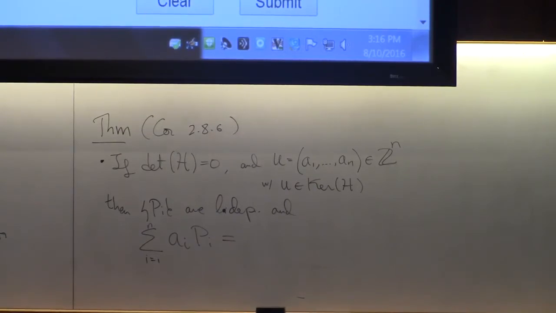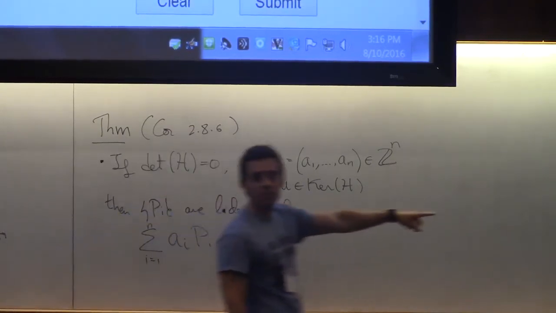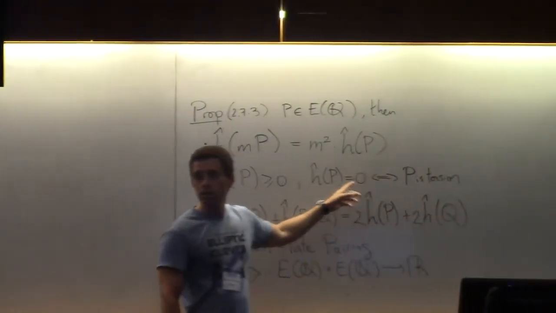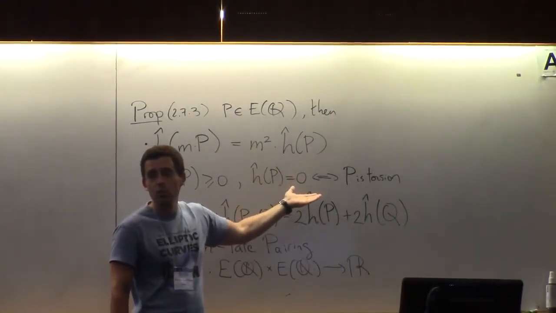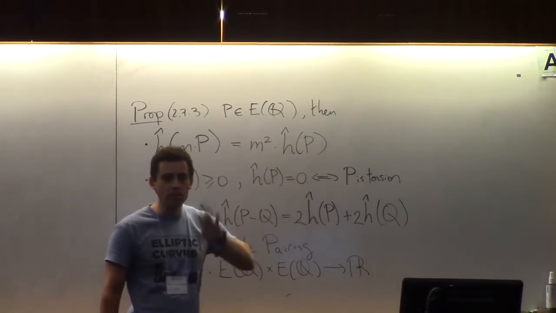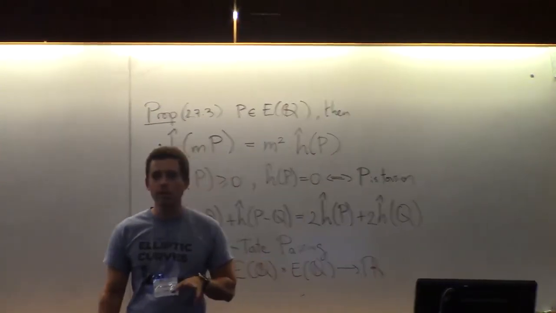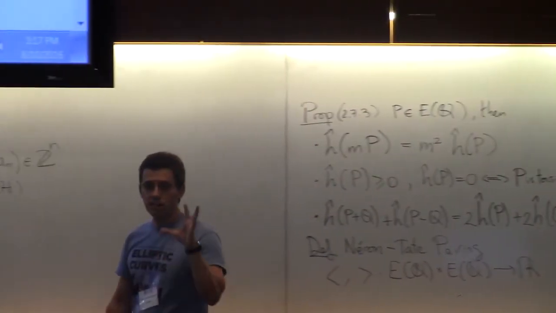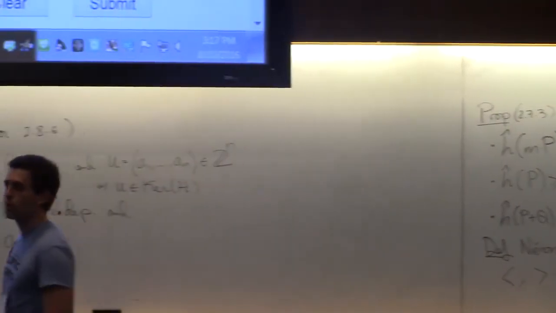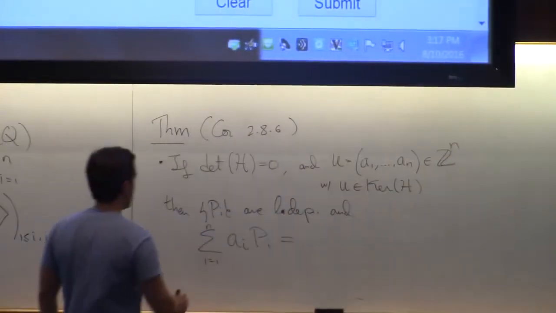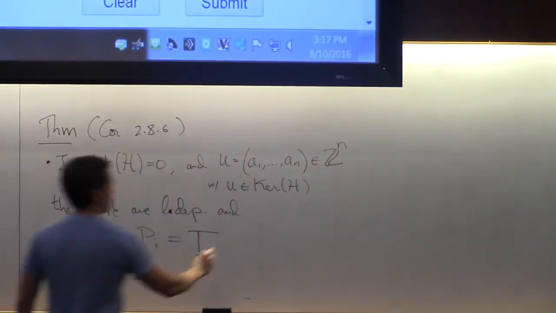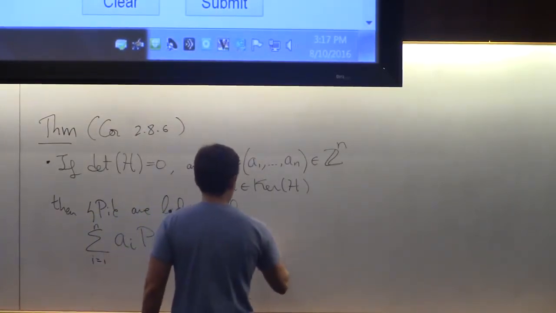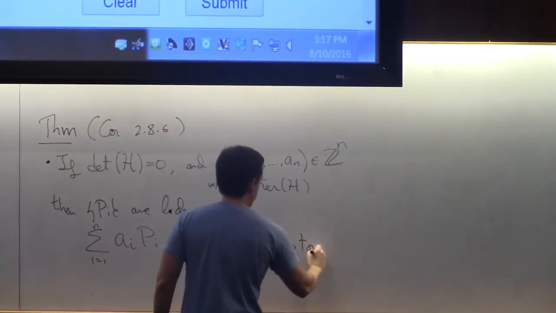Why? Because remember, our height doesn't see torsion. Okay? So height 0 means the best we can do is it's a torsion point. Torsion is fine because we can figure out what the torsion subgroup is anyways. So as long as it adds up to a torsion point, we're good to go. We'll figure it out from there, where T is torsion.